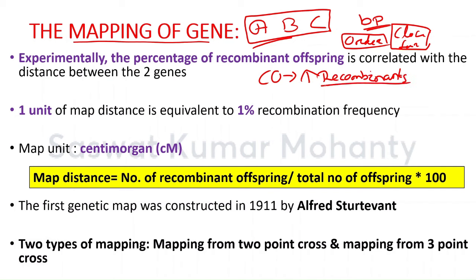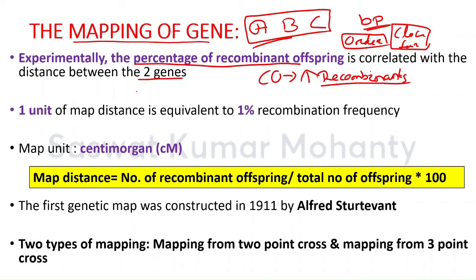So here we are basically finding the percentage of recombinant offspring produced between two genes. If two genes produce a higher recombination frequency, they are far apart. If they produce fewer recombinant offspring, they are close together.